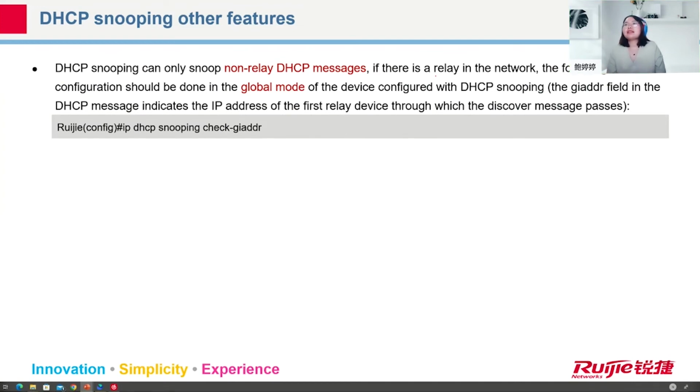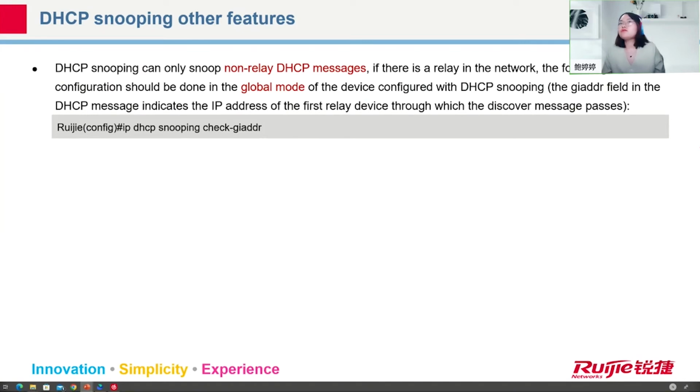If there are relay devices in the network, the following configuration should be done in global mode. Otherwise, the relay may have some problems: ip dhcp snooping trust gate. So this is for the non-relay DHCP message. By default, DHCP snooping on the access switch or other switches can only recognize normal messages like request, like discovery, and so on.